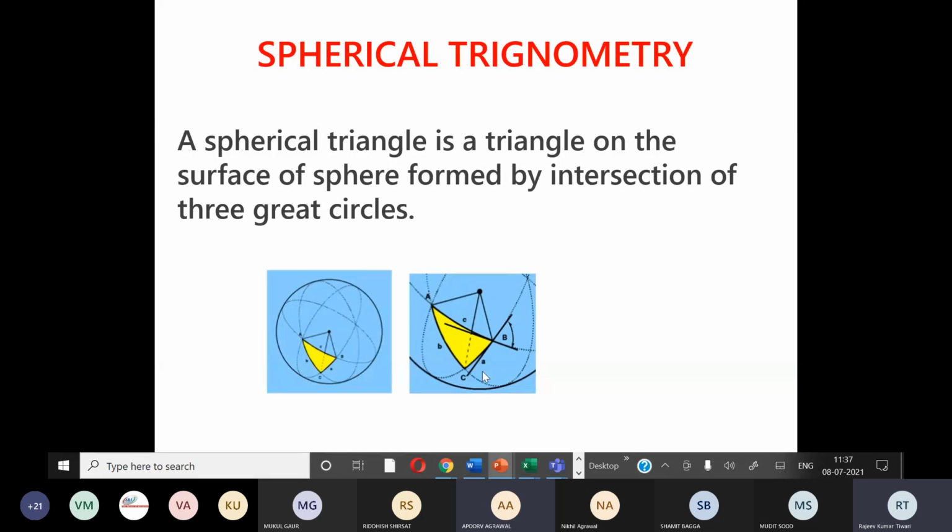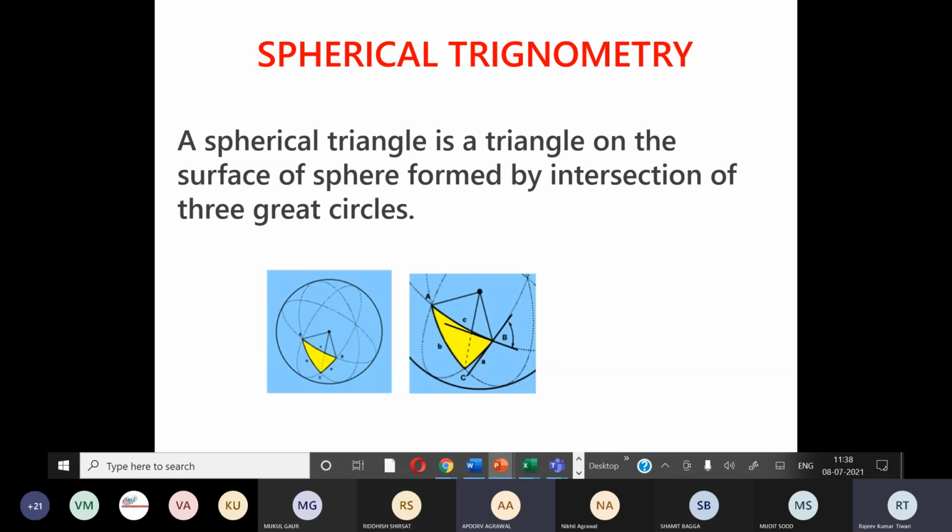Suppose you want to know angle B. The tangent drawn along the arc of great circle AB and the tangent drawn along the arc of great circle BC, the angle subtended between these tangents is angle B. Is that clear? Is there any confusion in this?